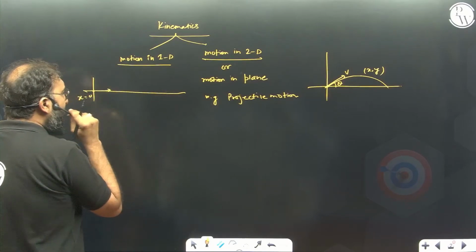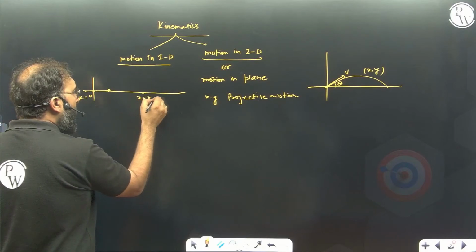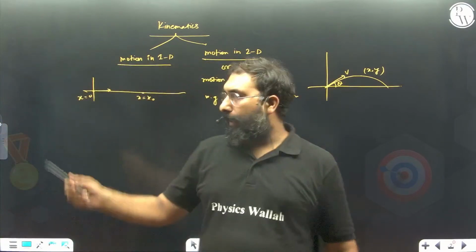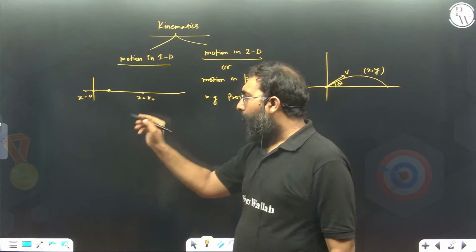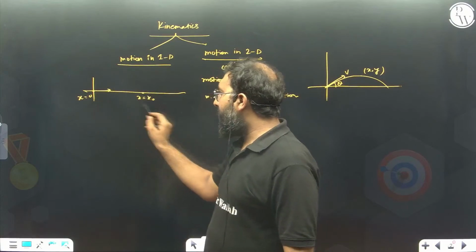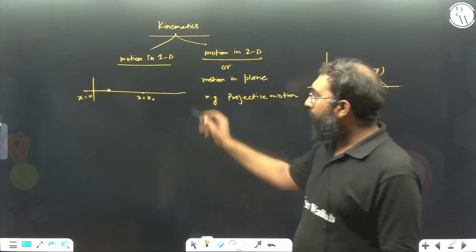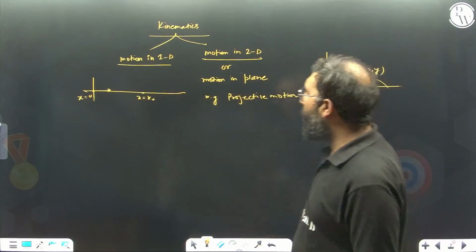At any instant of time, the position of the particle can be given as some x equals x naught. Here the particle is moving in a straight line, so its position can be represented by a single coordinate, x or y, or it can be z also. So this is motion in 1D, and this is motion in 2D.